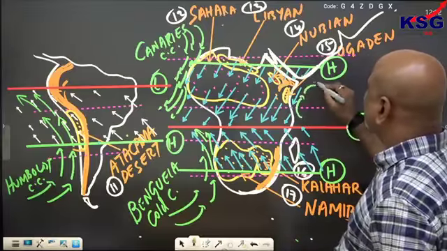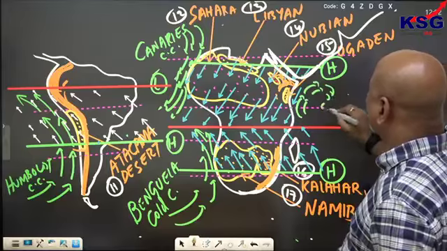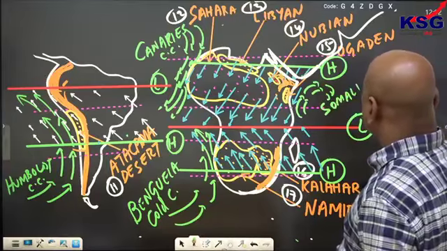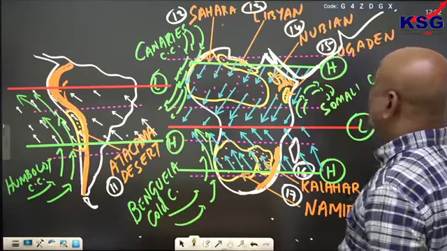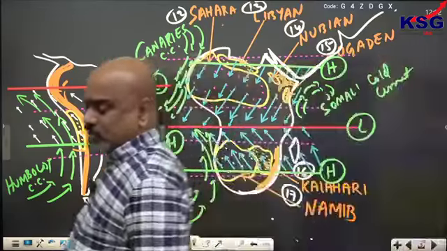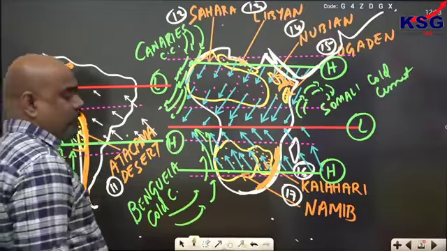This side I said that there is a current. Here is the Somali cold current. It is a seasonal one. Because of upwelling it takes place, that's why it has a different impact here.